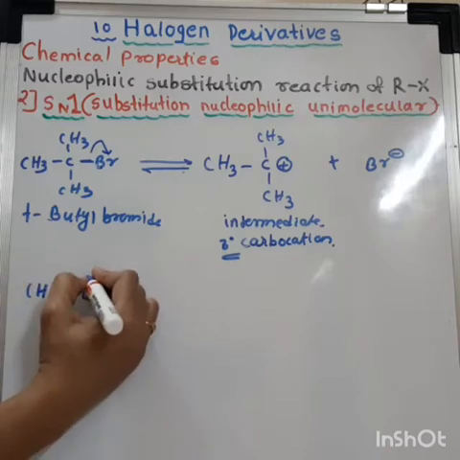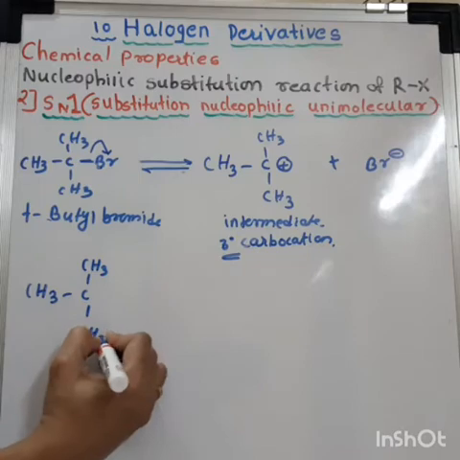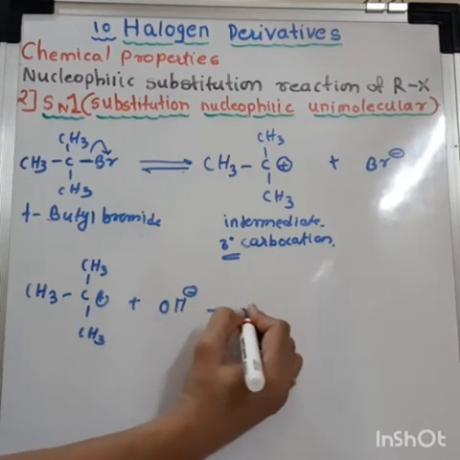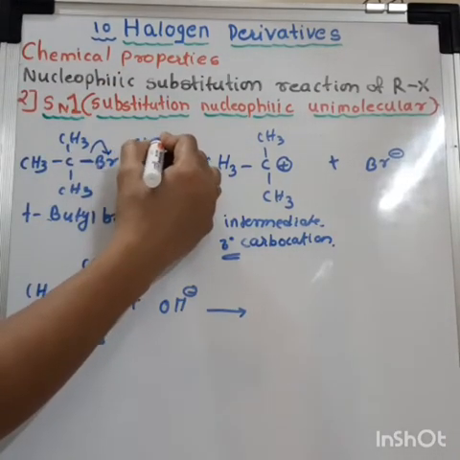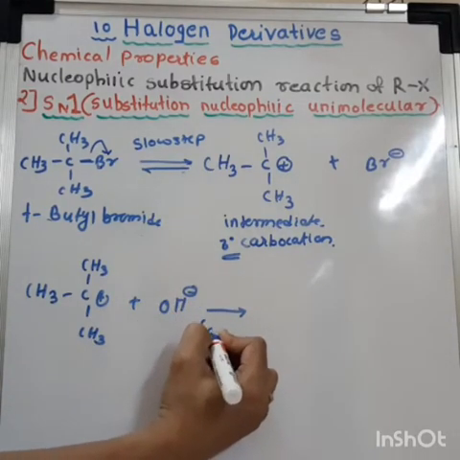In the next step, the second step, which is the fast step, this carbocation forms a bond with the nucleophile, that is OH minus. The first is the slow step, and this is fast.